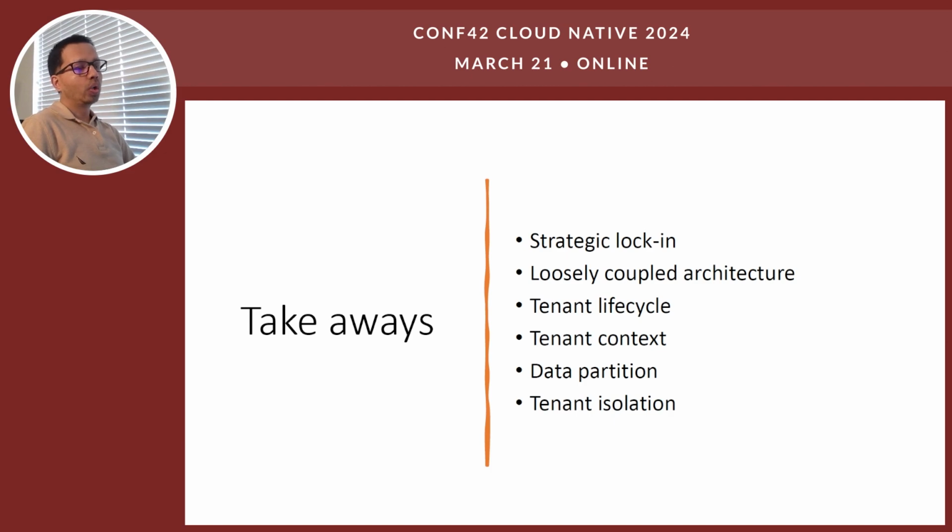That is also called a loosely coupled architecture. The other thing is we can focus on strategic lock-in. We can still use offerings from the public cloud wherever we can, and we can use Kubernetes only to run our services instead of running databases or messaging.